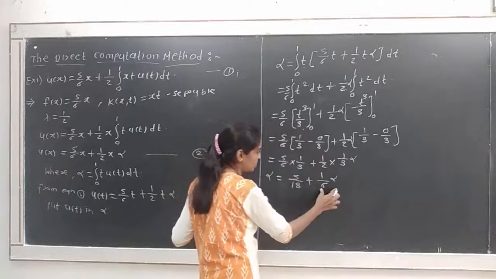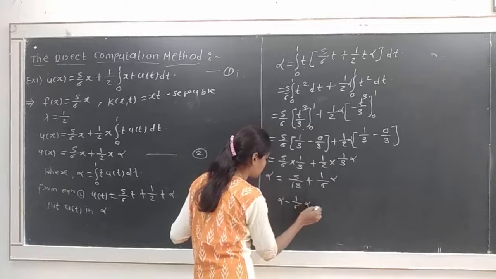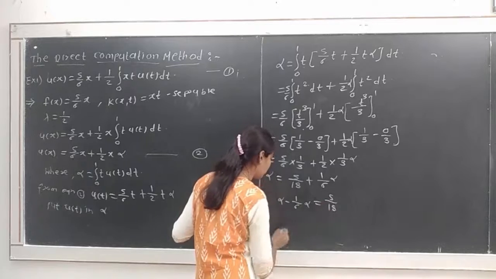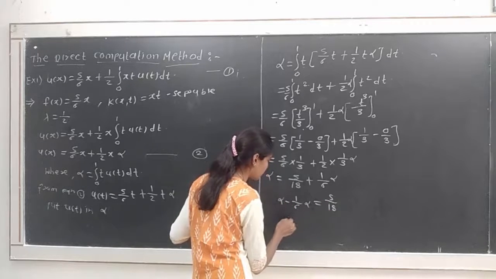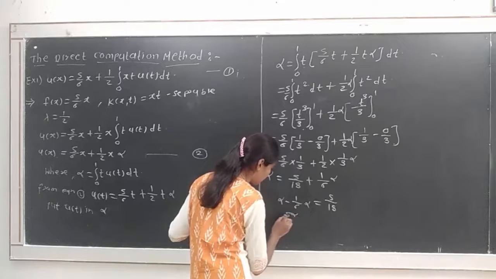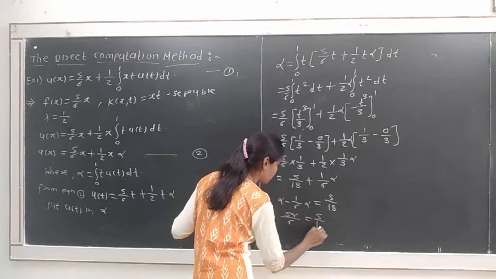Okay, so we shift this term on this side, we get alpha minus 1 by 6 into alpha is equal to 5 divided by 18. Okay, then by taking cross multiplication we get here 6 alpha minus alpha will be 5 alpha divided by 6 is equal to 5 divided by 18.